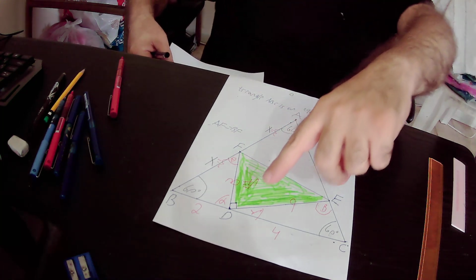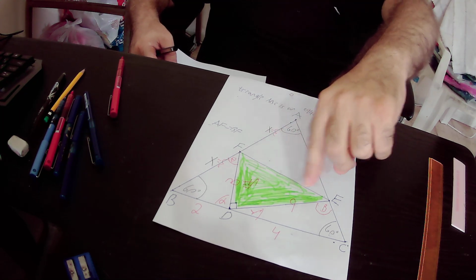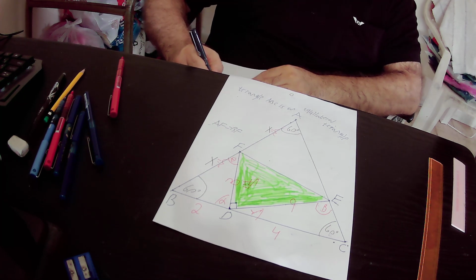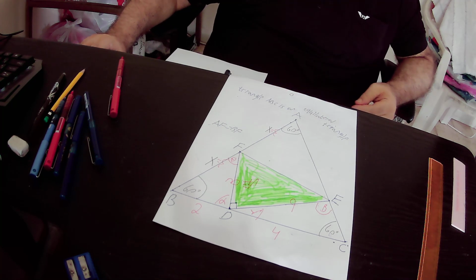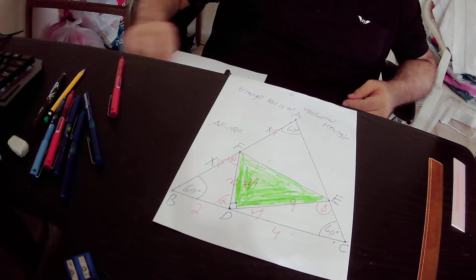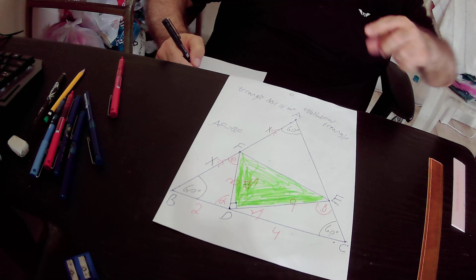What is the value of DE? We define DE as B, so DE equals B, and sine 60 degrees equals root 3 over 2, all equals DC.